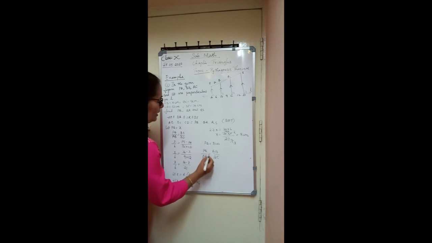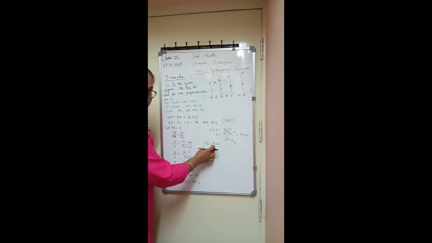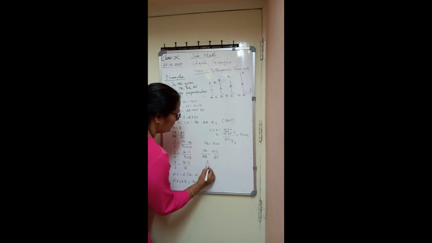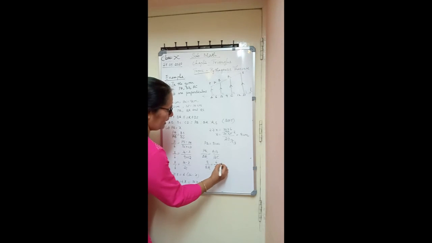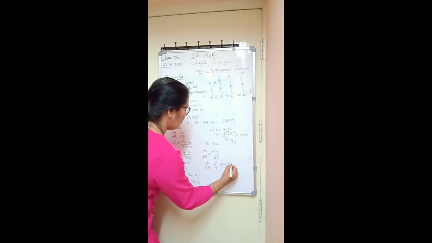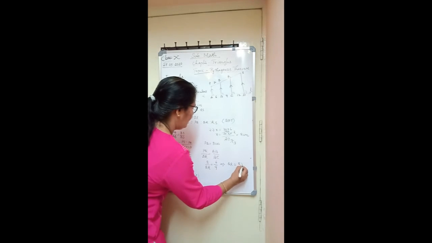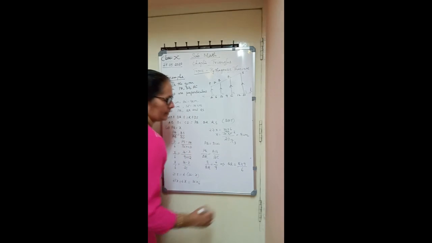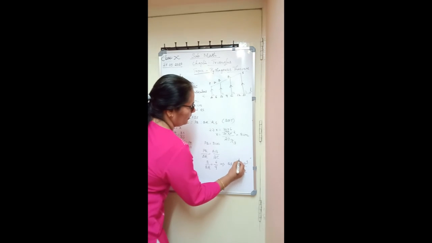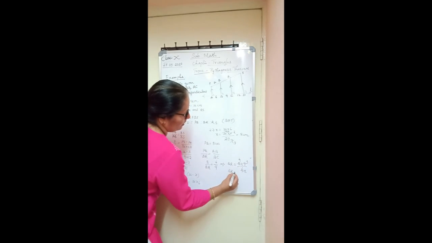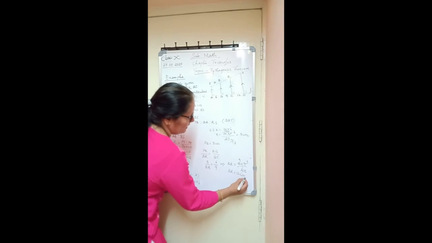So PQ by QR equals AB by BC. PQ we got 8 centimeter and QR we have to find out, and AB is 6 and BC is 9. So simplify. QR equals 8 into 9 by 6. 3 3s are 9, 3 2s are 6, 2 4s are 8. So QR equals 12 centimeter.